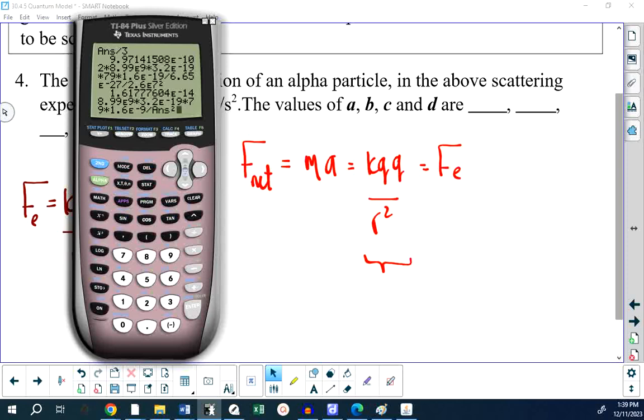So k times q over r squared, and I missed the 1 there on my charge. So when I hit equals, this will be the electric force at that point, and it is a staggering 139 newtons of force. Think about that for a second.